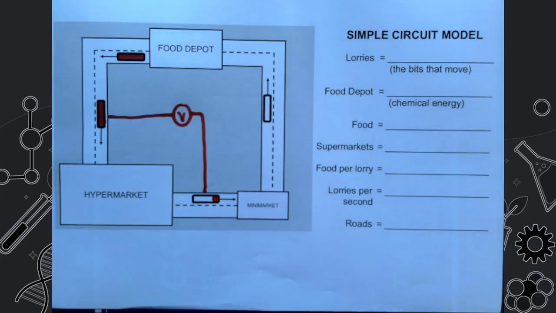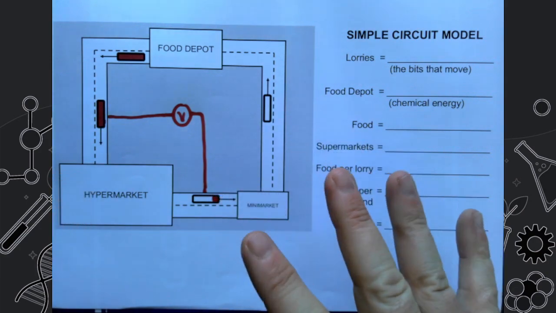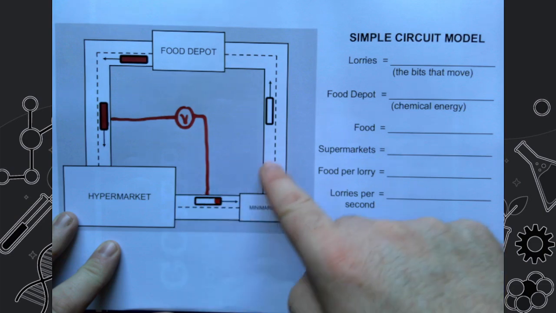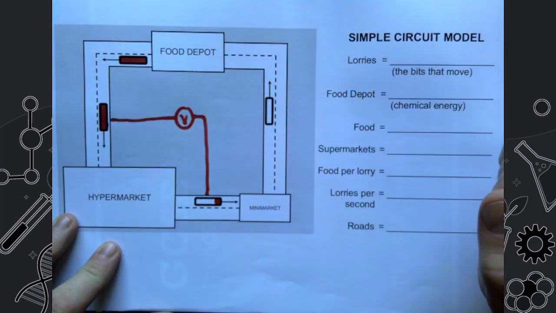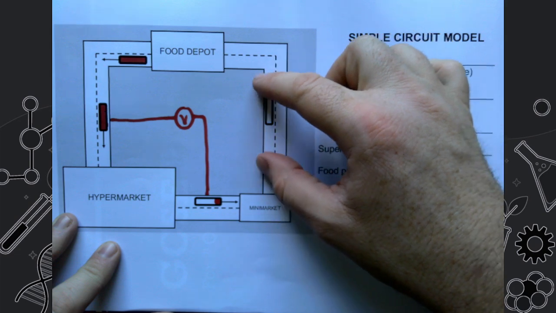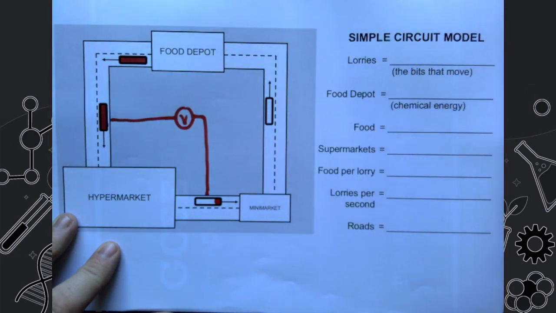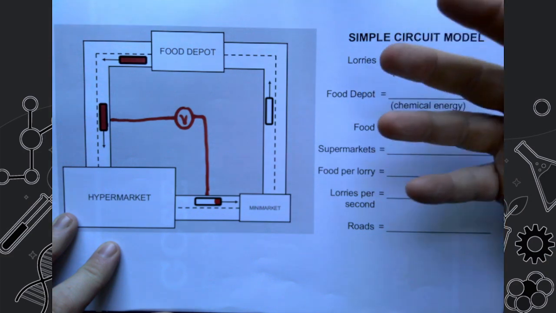Now, the current is determined by the lorries. This is where you have to think of the model. The speed of the lorries as they drive around is constant. If we had a big 3-lane motorway, then we could perhaps have more lorries per second, so that would be a higher current.